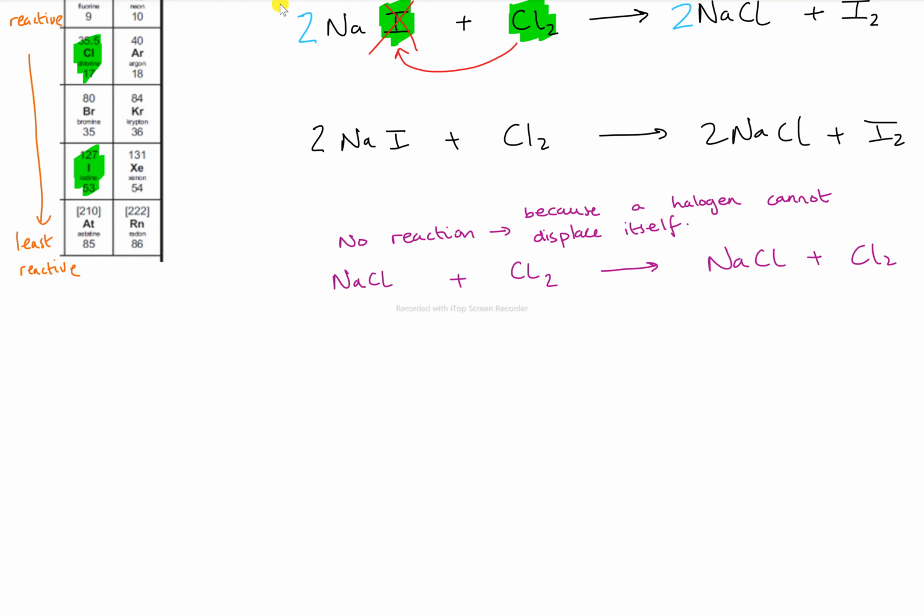What would happen if you had this? What if I had sodium chloride and I put in iodine? Now I know chlorine is stronger. Oh, that's not good, is it? Sorry, chlorine is stronger. Let me get this right. So chlorine is stronger, so I'm not going to get a reaction.